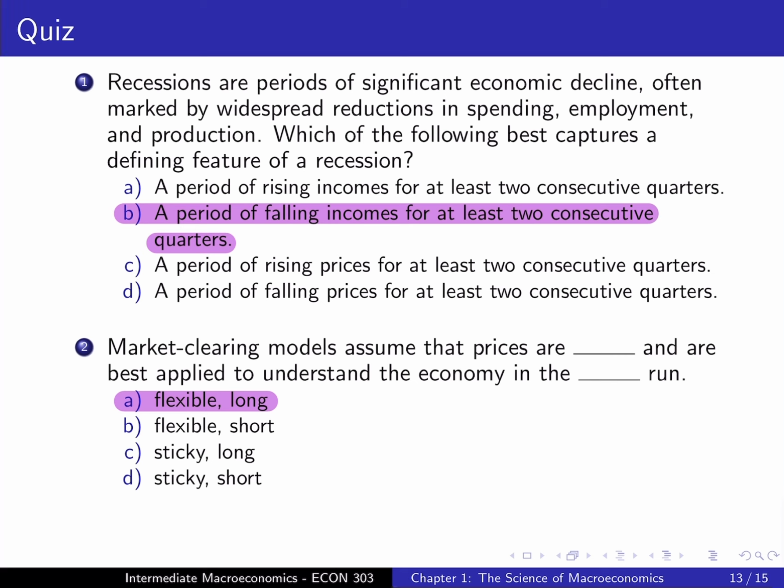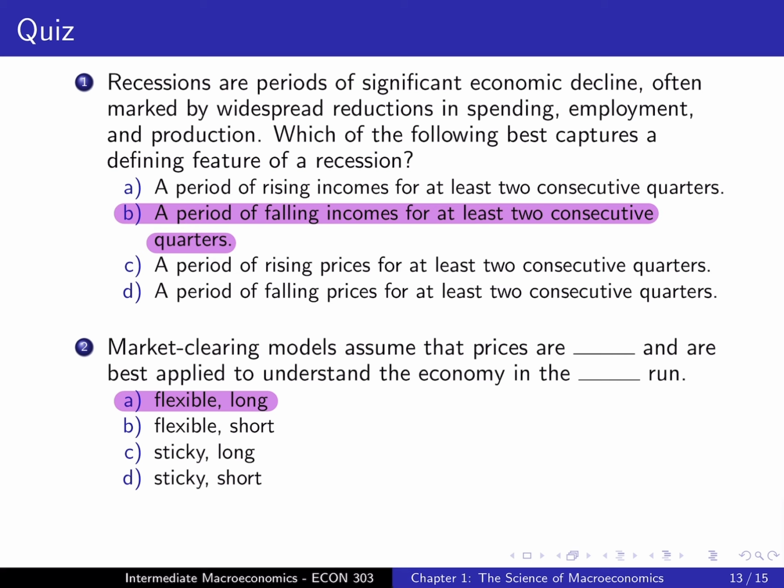A recession is typically defined as a sustained period of declining economic activity, especially falling real incomes and employment, lasting for at least 2 quarters. Hence, the correct answer is B, a period of falling incomes for at least 2 consecutive quarters.